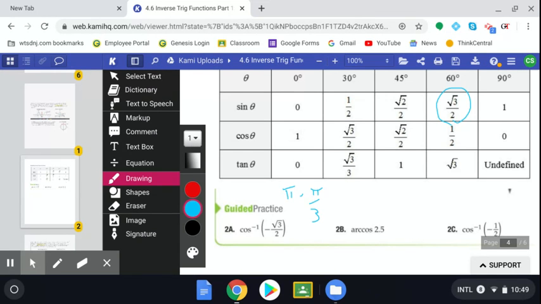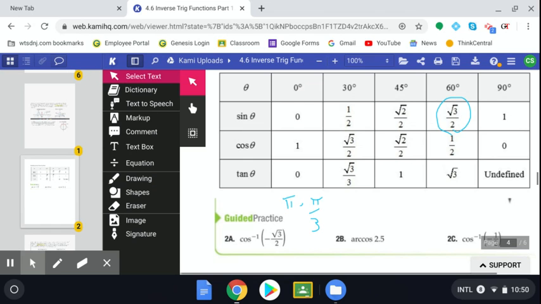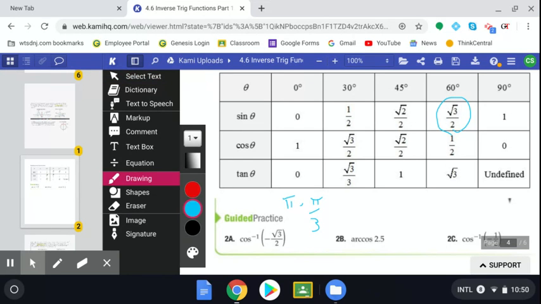Okay, so yes, this is pi over 3. Oh, I'm looking at sine. Never mind. That's why it's not making any sense. Cosine. Sorry, guys. Cosine. Not sine. Cosine.